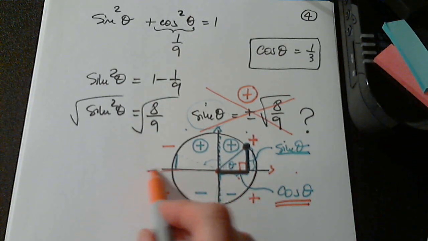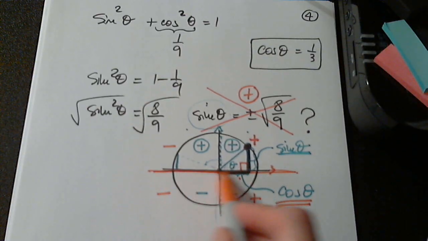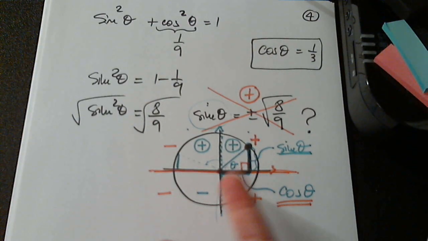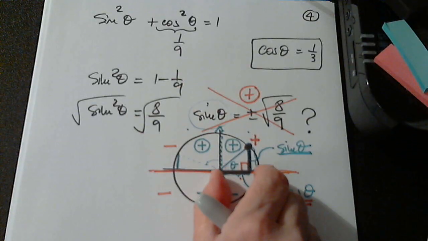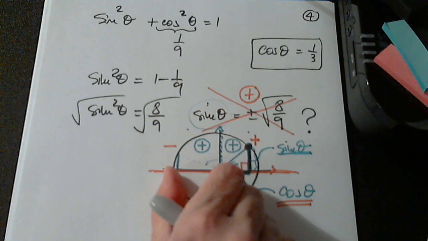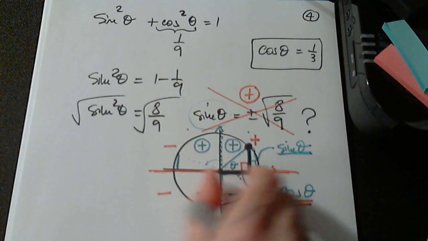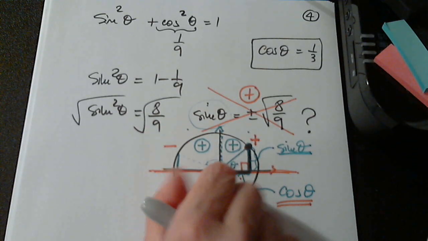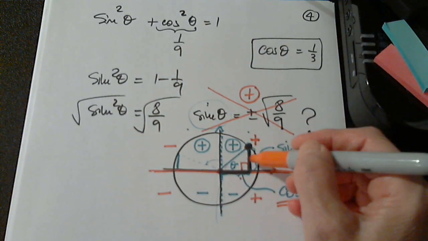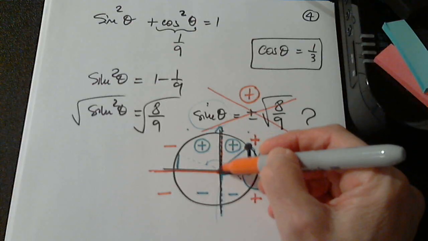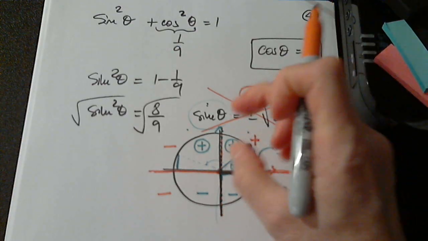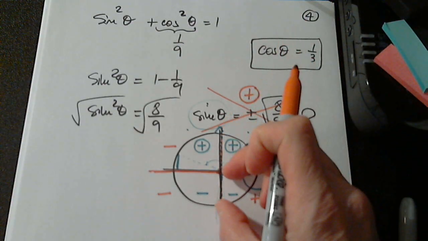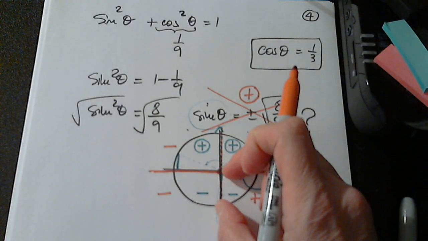Cosine is always measured on the x-axis. That's where it is. It's 0 or maximum 1 or minimum -1. It cannot be more than 1. It cannot be less than -1. The same thing with sine, but sine is measured on the y-axis. It cannot be more than 1. It cannot be less than -1.